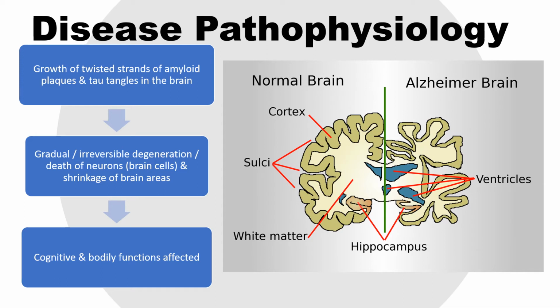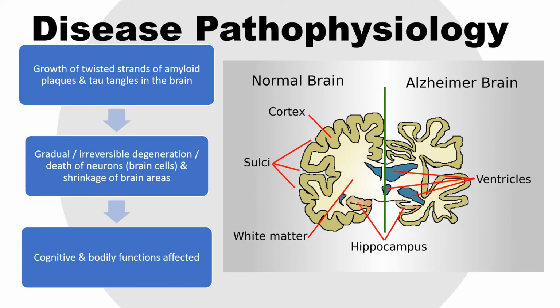Alzheimer's disease is due to the growth of two kinds of proteins, the amyloid plaques and the tau tangles in our brain. These two proteins not only grow in our brain, they also have certain twisted strands in our brain.